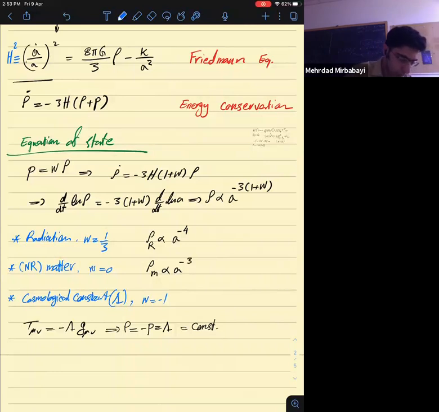So that would look like the space curvature is equivalent to a substance with W equals -1/3.